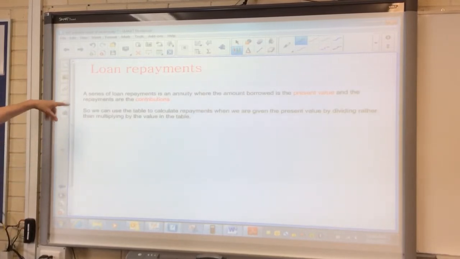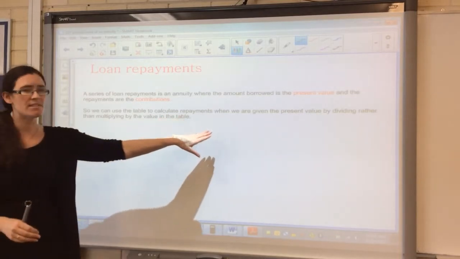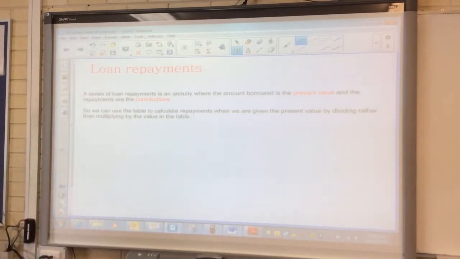We can think of our annuity as paying off a loan, and our present value is the amount of money we've borrowed, and our contributions instead are repayments on that loan. So we're going to use the table to work out the repayments. Instead of taking our amount from the table and multiplying it, we're going to divide to work out what the payments would be.